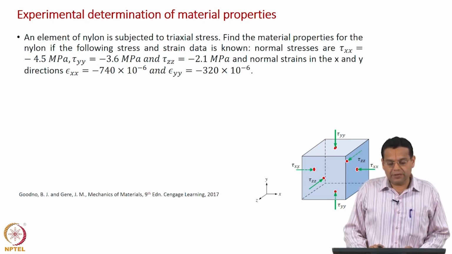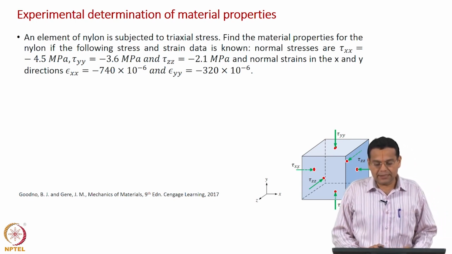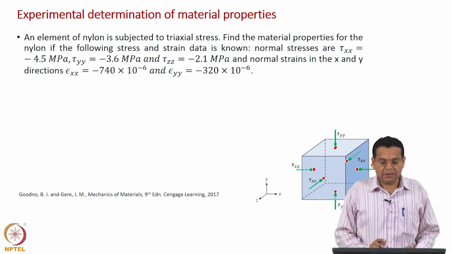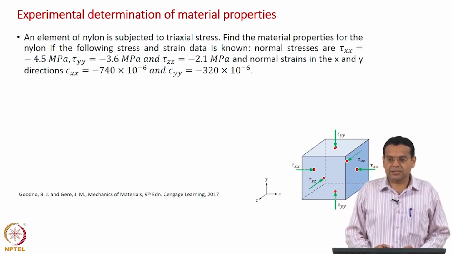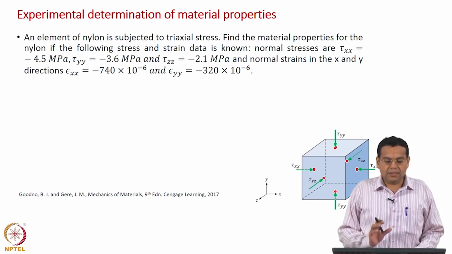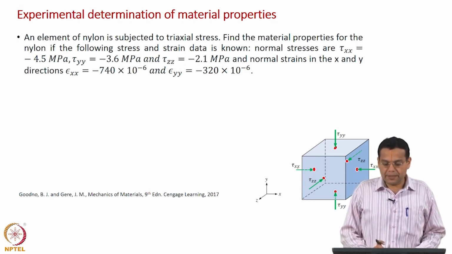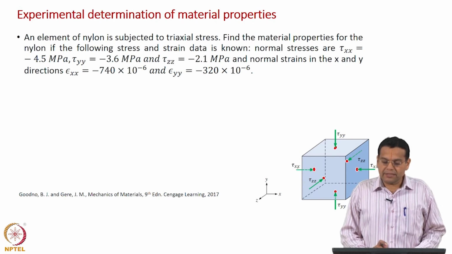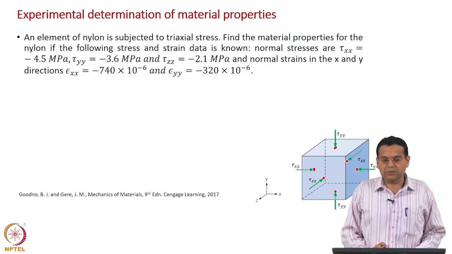An element of nylon is subjected to triaxial stress. I think we have come across this triaxial stress a few times now, which means only normal stresses are applied. Find the material properties for the nylon if the following stress and strain data is known.